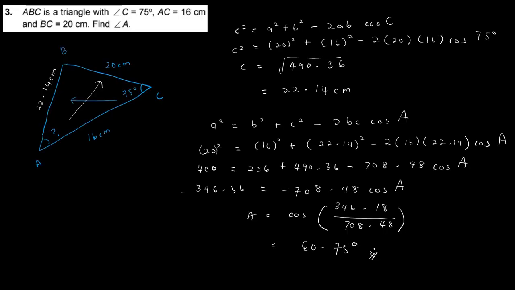But again, the final answer might differ depending on how many decimals we take. For example, here I just took two decimal places, here two as well, so the answer might also be different.